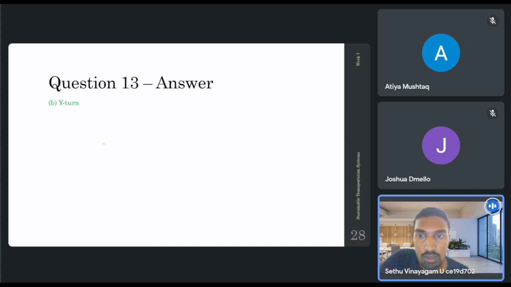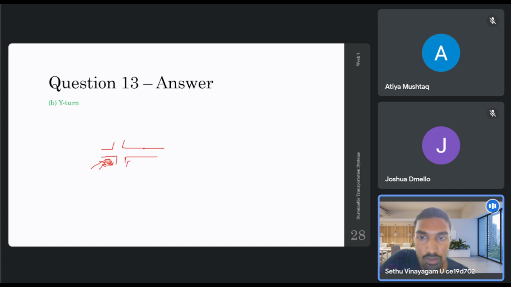So suppose there is an intersection, something like this, right? And suppose people want to turn right at this particular intersection. If this is restricted, then what happens in a T turn? They will have to go to a different intersection. Or for example, let us take another example.